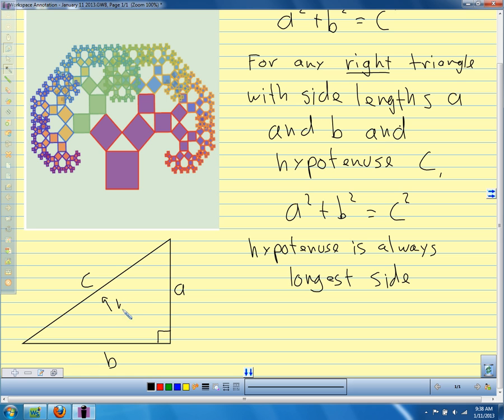This side is the hypotenuse. And another way to remember which side is the hypotenuse is the longest side. It's also the side that is across from the 90-degree angle.